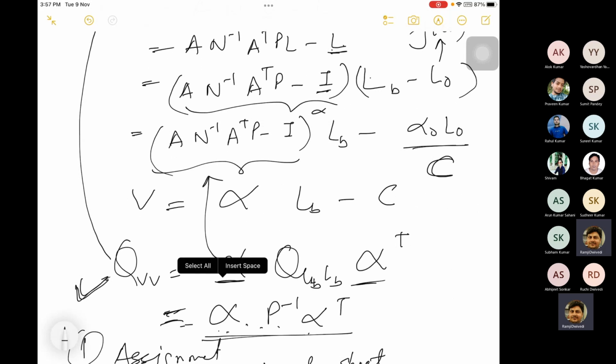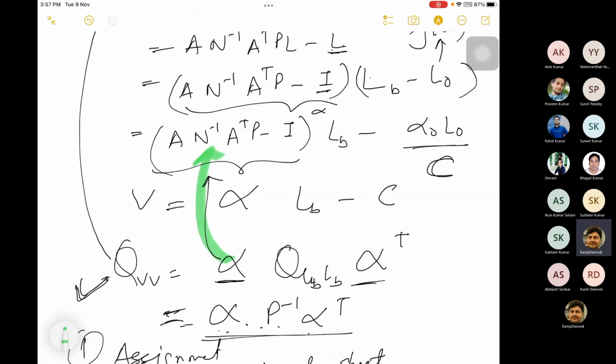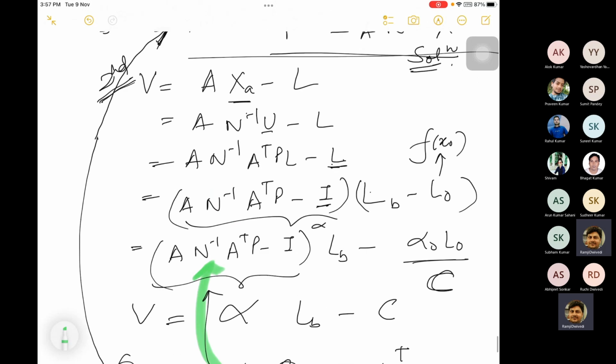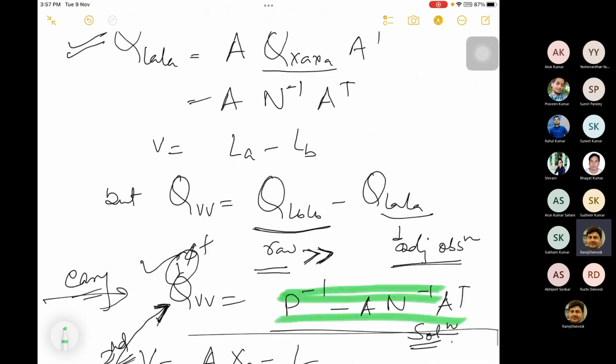You know alpha. This is your alpha. You put alpha here, alpha transpose here, open the alpha transpose, multiply, rearrange, use the basic matrix concept and achieve this. That's your first assignment.